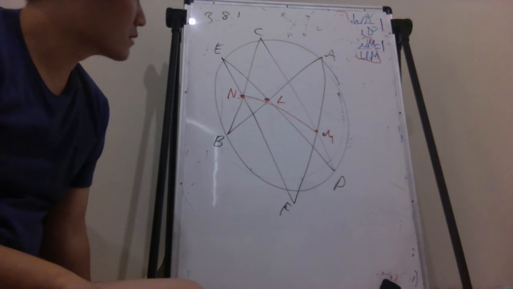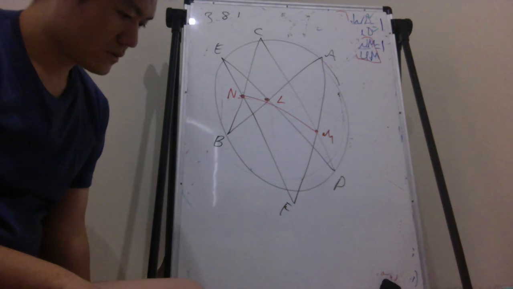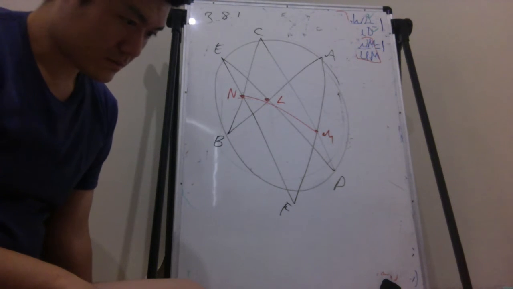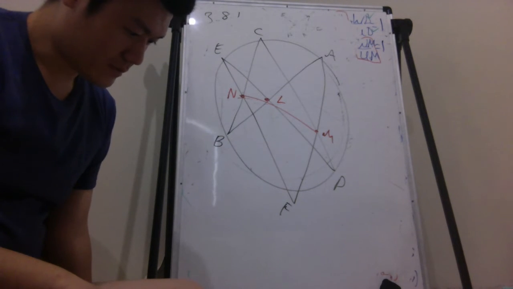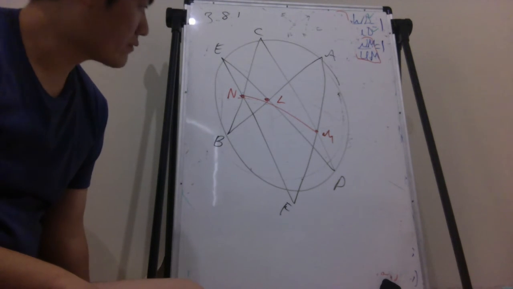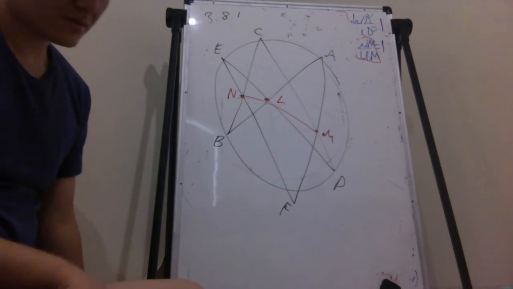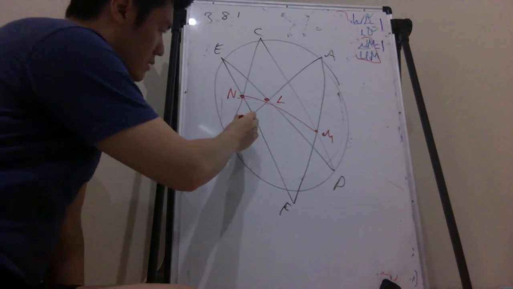What did we have? We had VF. V. Oh wait, oh yeah, V. What kind of stuff do we have? We have VF. Where's V? V is here, yeah?